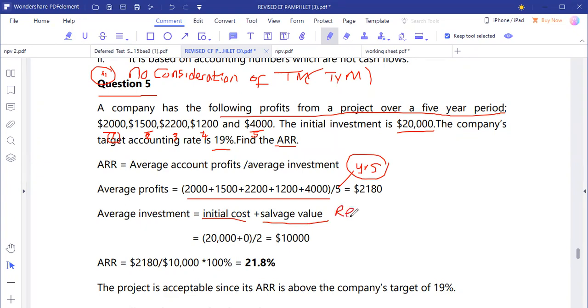In other books, they would say salvage value, or residue value, or scrap value. So there are 3 terminologies as we look at the salvage value: the residue value, the scrap value, or the salvage value.